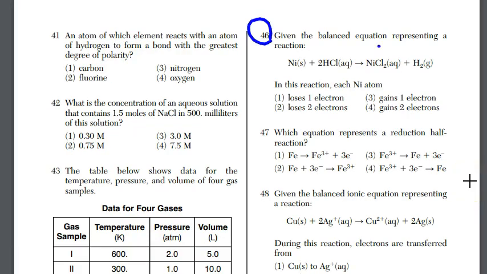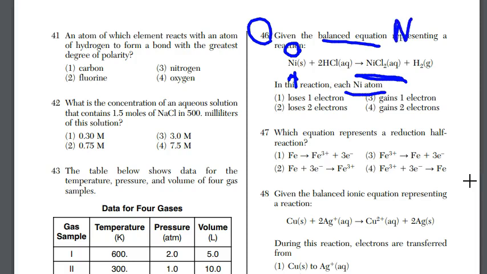So we're given a balanced equation, and in this reaction, each nickel atom, okay, so we're talking about nickel here. Is it losing or gaining electrons? Well, it's by itself here on the left-hand side, so its oxidation number is 0. Now on the right-hand side, it's combined with the chloride ion. Well, it's actually in solution, but look what you have.